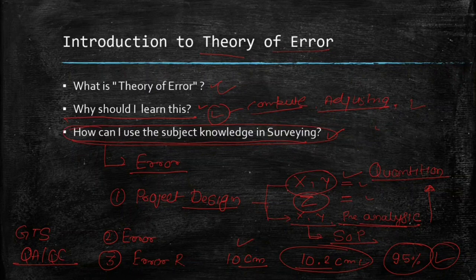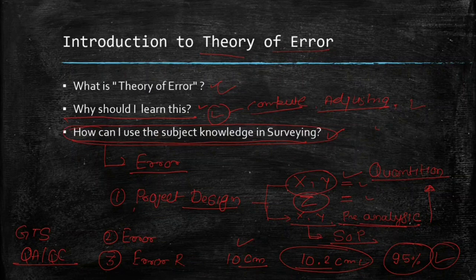And once you know this overall theory of error and understand how things work in surveying, that knowledge can be applied to assess the requirements of a project to achieve some final specified goals.